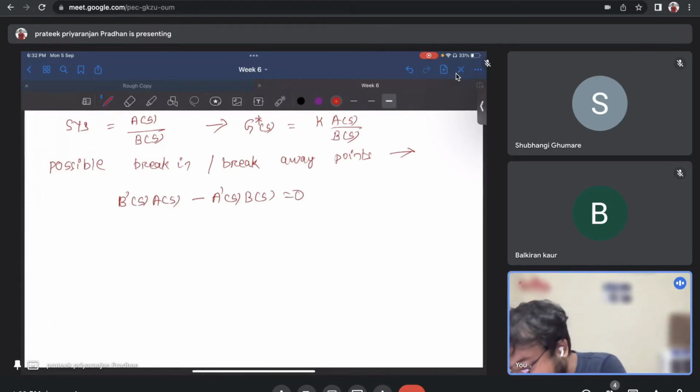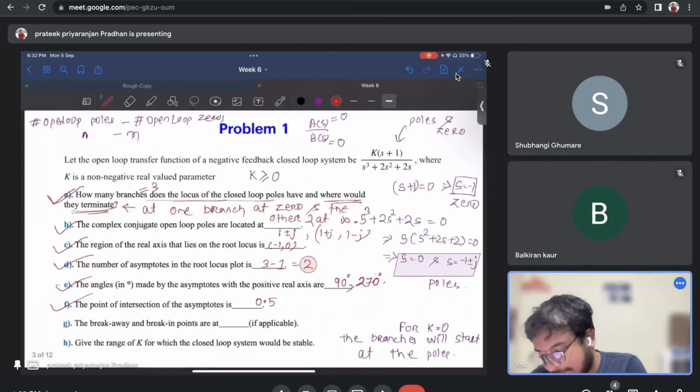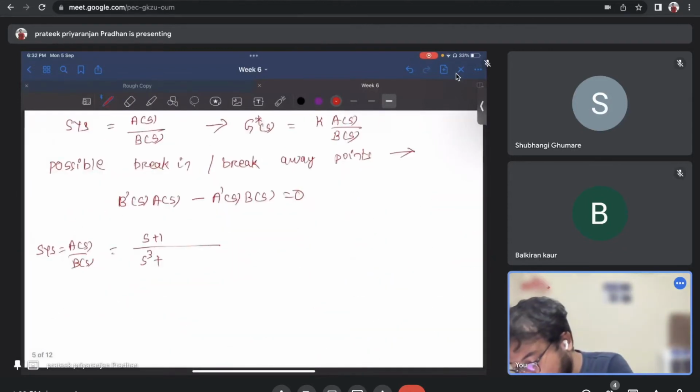So here in our equation, what is the system? The system is like A of S by B of S. The equation is (S plus 1) divided by S into (S square plus 2S plus 2), so I will directly write S cube plus 2S square plus 2S.